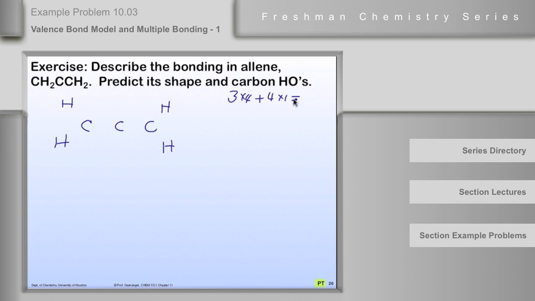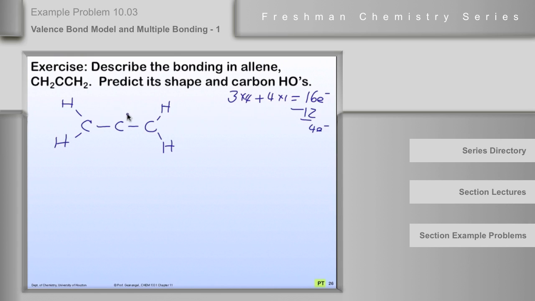So we got 12, and 4 makes 16 electrons. And if we put in the bonds, the sigma bonds, 1, 2, 3, 4, 5, 6. We got 16 minus 2 times 6 is 12. That's 4 electrons.